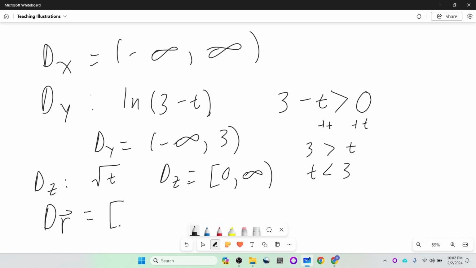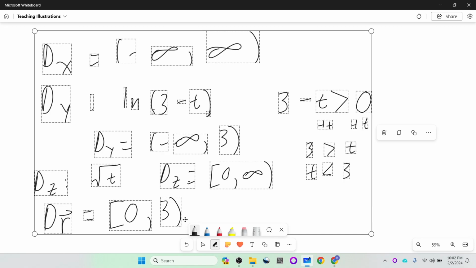So the actual domain here would be 0 to 3. That is the interval on which all 3 components exist. If you go outside of that interval, either the y or the z is going to be nonexistent, and therefore that's not in the domain. So hopefully that's pretty easy.